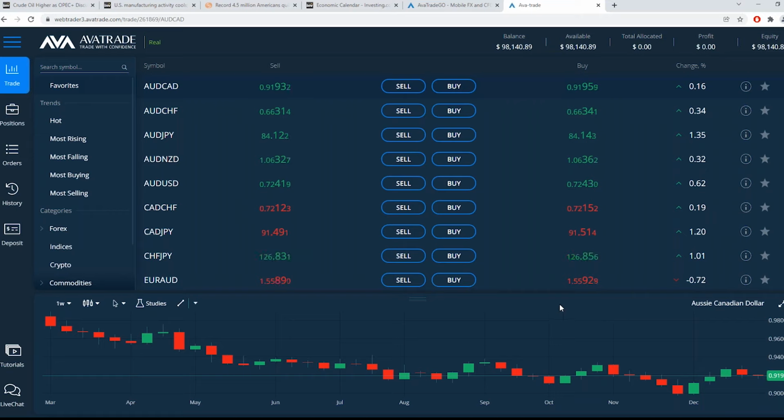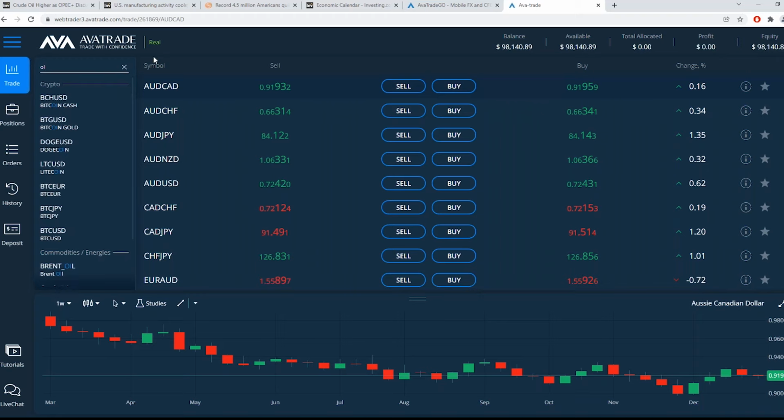Okay, so what can we do? Let's look at something that's related to the headlines we looked at maybe and do some technical analysis. We'll keep it simple. How about crude oil? So if we go to oil, we can have Brent crude, we can have US crude, which is just listed as crude oil.